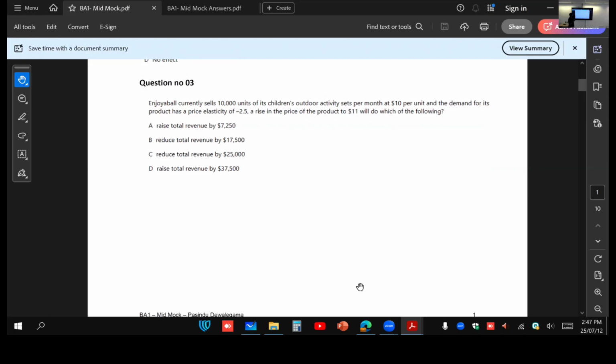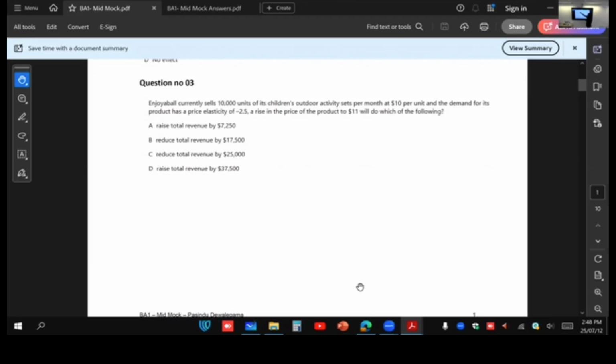What's the equation for calculating price elasticity of demand? Yes. Price elasticity of demand. You can't remember? Percentage change in quantity demanded divided by percentage change in price. So you can put that here. They say currently sells 10,000 units of children's outdoor activity sets per month at $10, and then the demand of the product has a price elasticity of 2.5, rise in the price to 11.